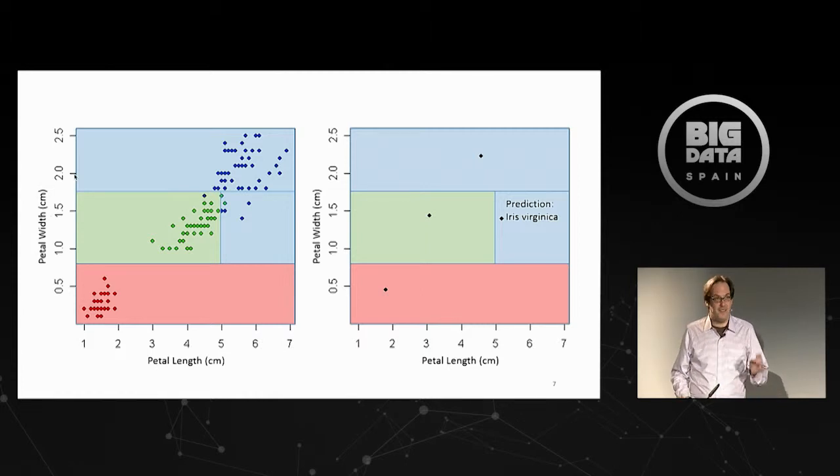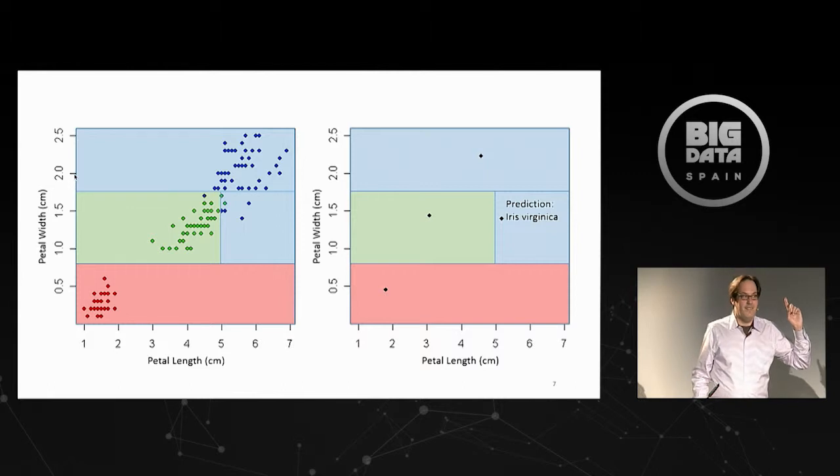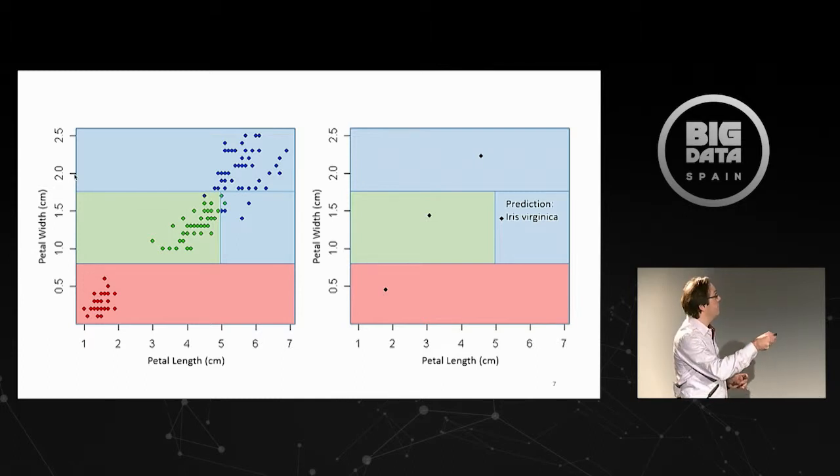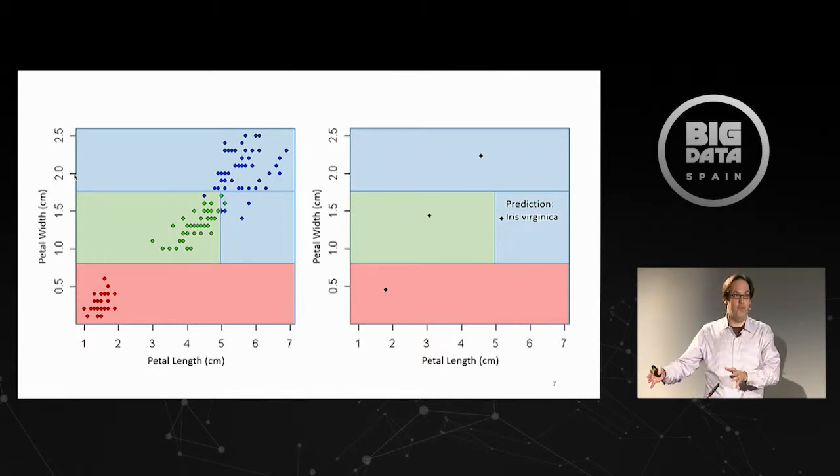But the key concept here is that these rectangles literally are the model. It is completely correct to say that this collection of rectangles is the model. The model is this group of rectangles. And so when people talk about predictive modeling in the abstract, I always think of rectangles, right?